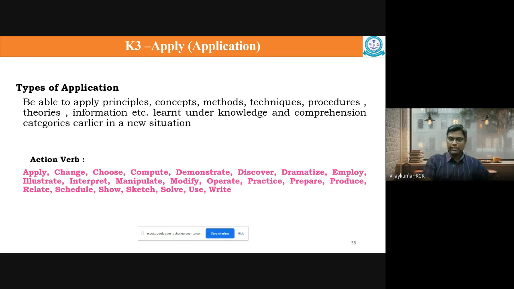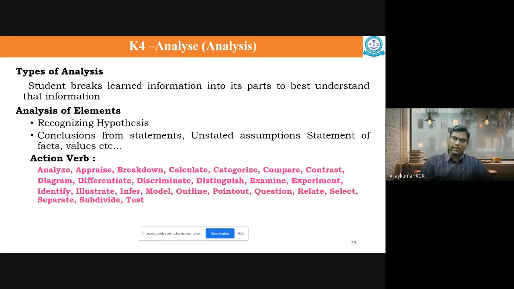So apply, change, choose, compute, demonstrate, discover, all these things. These are the action verbs more suitable for this particular Bloom taxonomy level.